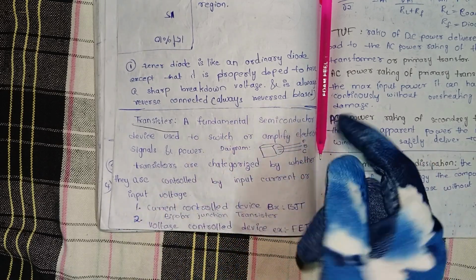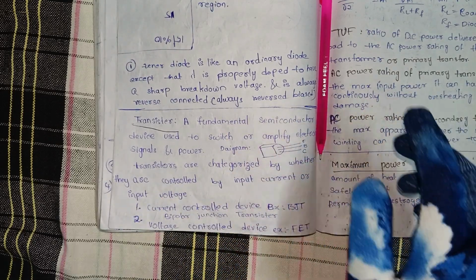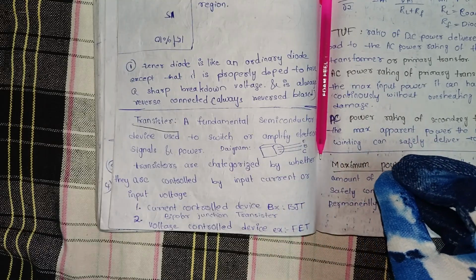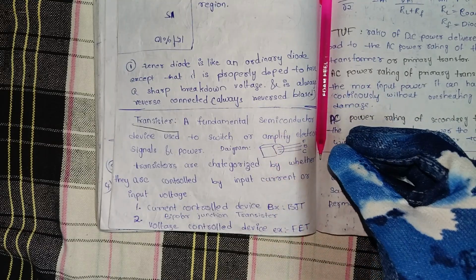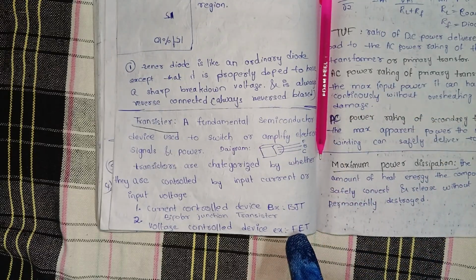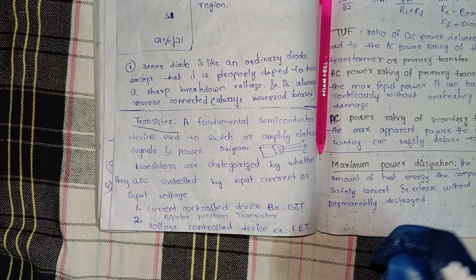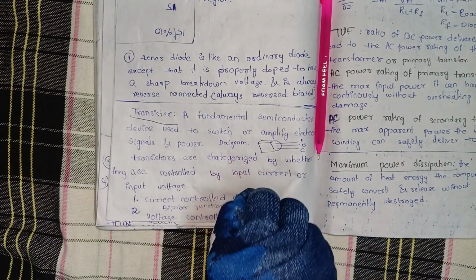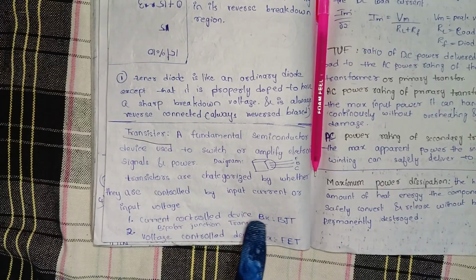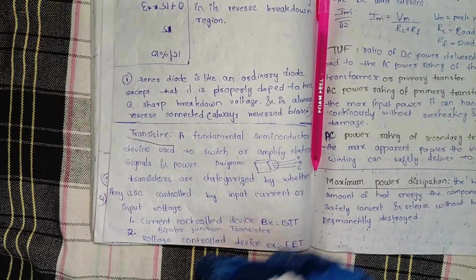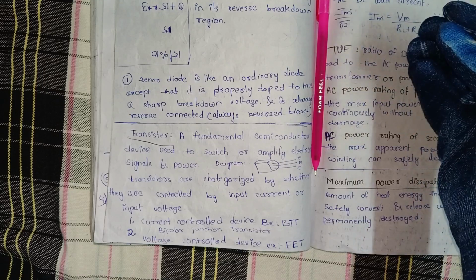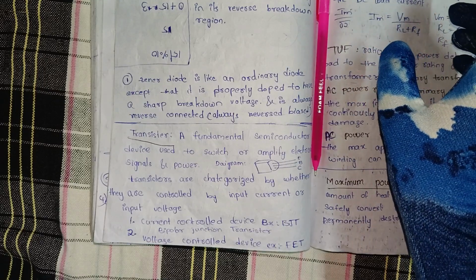And if they are controlled by input voltage, then they are called voltage control devices. Example, FET means field effect transistor. So in this class we will see only BJT because the CB configurations and alpha beta gamma relations are related to the BJT only. Okay.